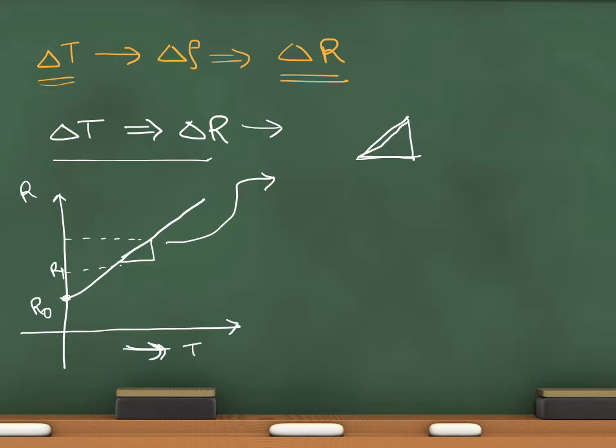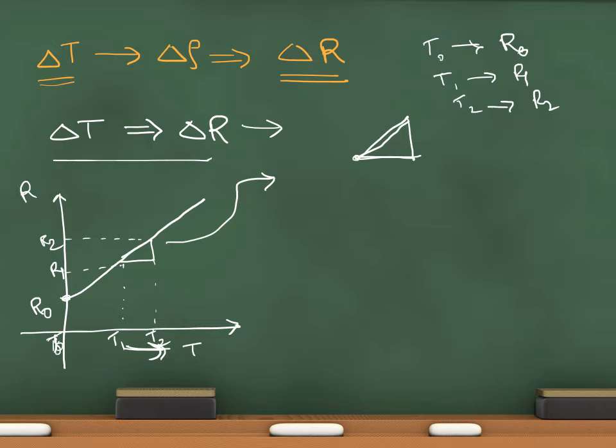Say this is R1 and this is R2, and this is T1, this will be T2, T0 originally. At temperature T0, the resistance is R0, at T1 the resistance is R1, at T2 the resistance is R2.